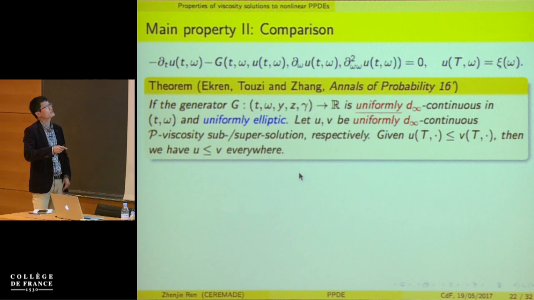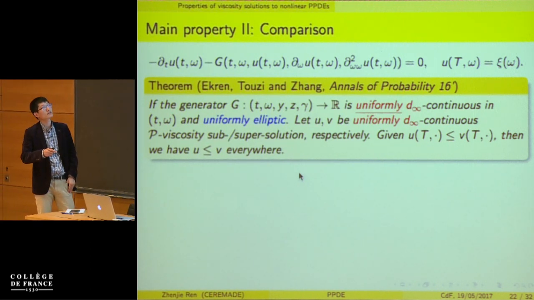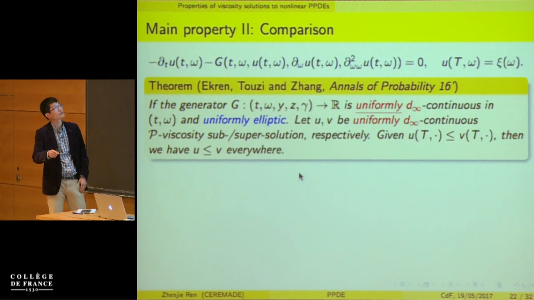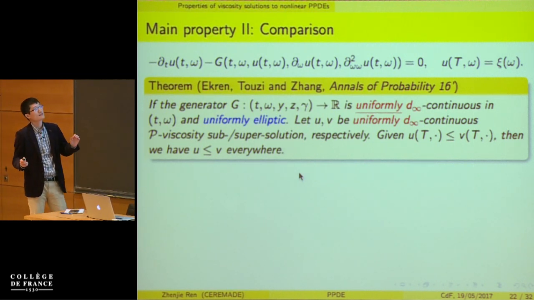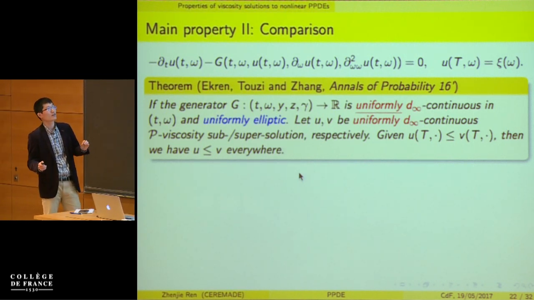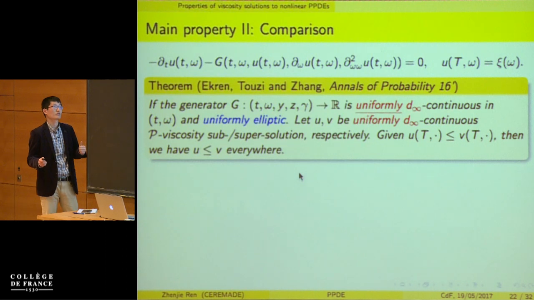They say that if G, the generator of the PPDE, is uniformly d infinity continuous and uniformly elliptic, of course based on those assumptions I already made at the beginning of the talk, those three colors, if you remember, then we have the comparison for uniformly d infinity continuous viscosity sub and super solutions.